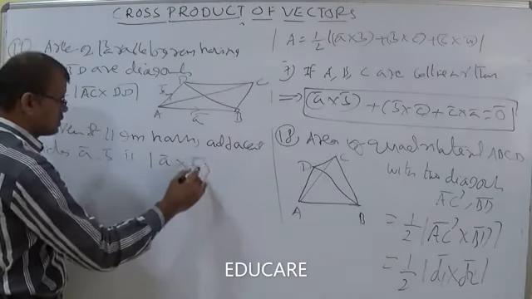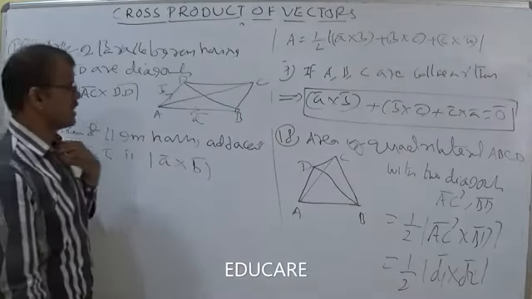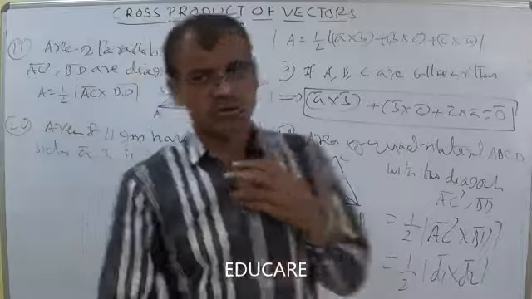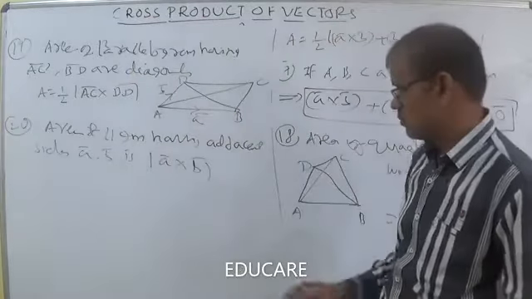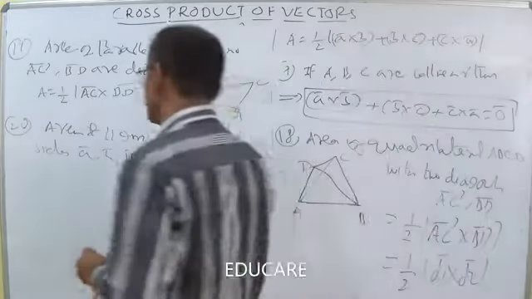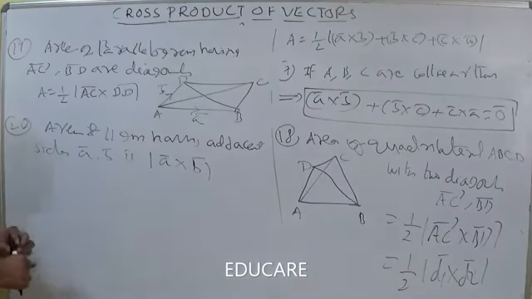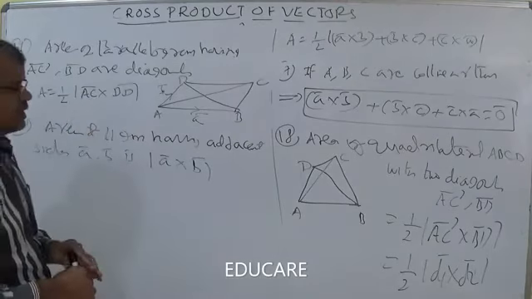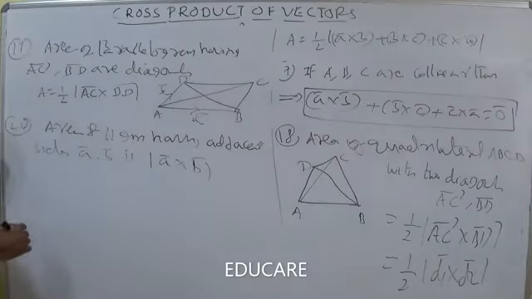Students, here 1 by 2 will not come, because adjacent sides depend upon two triangles, AC and BD separately, and 1 by 2 and 2 into 1 get cancelled. Don't get confused: whenever diagonals are given, it is 1 by 2 into AC cross BD; whenever adjacent sides are given, there is no 1 by 2, simply A cross B.